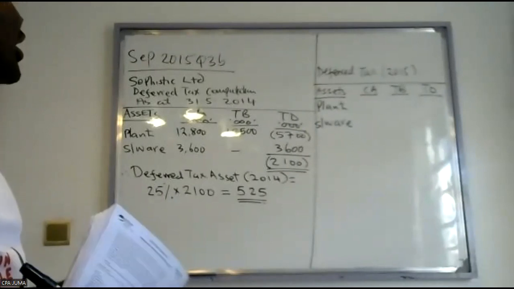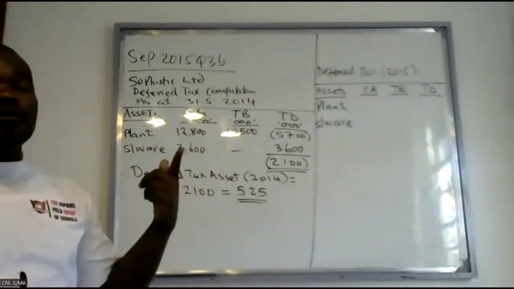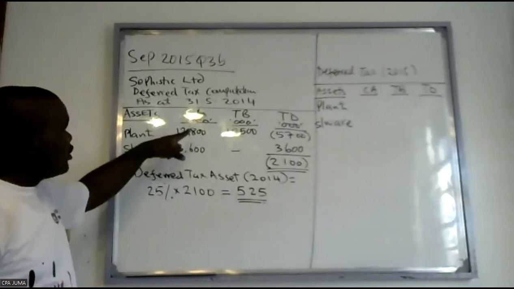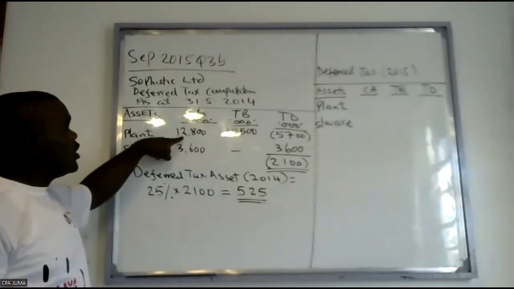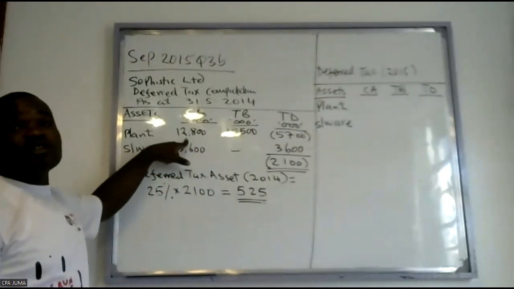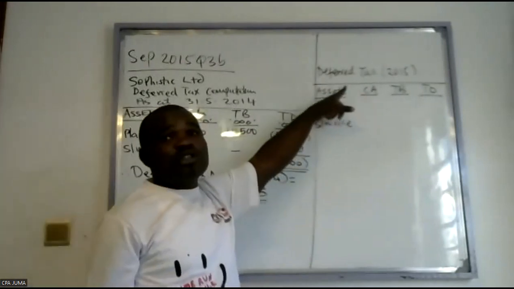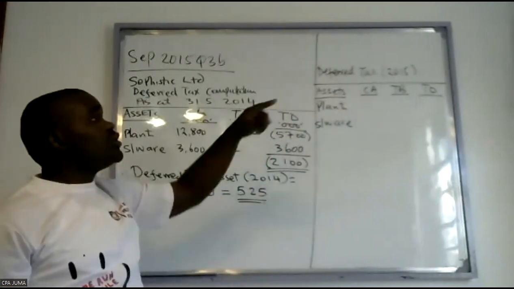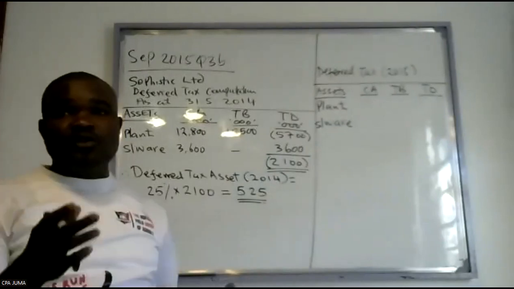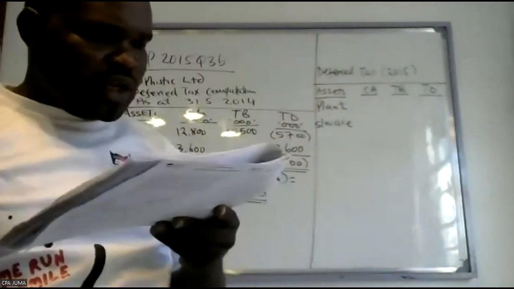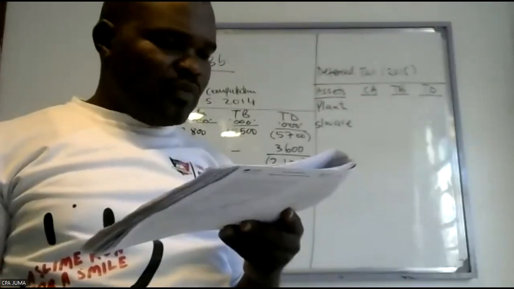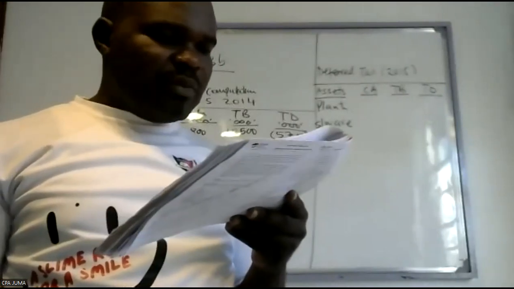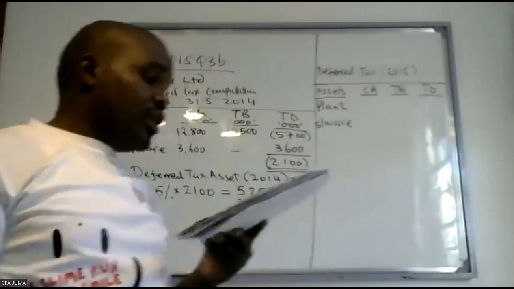Plant, 2014, the book value was 12.8. To get the carrying amount, take 12.8 minus depreciation for 2015. Note 3 says plant is depreciated at 20% per annum using the straight line.